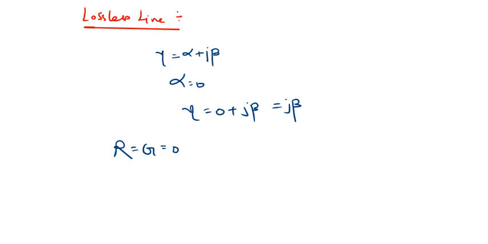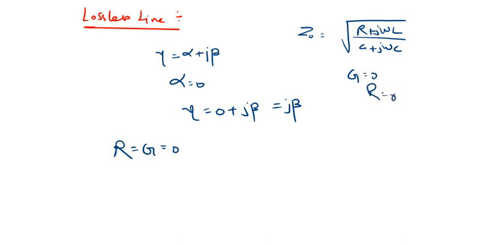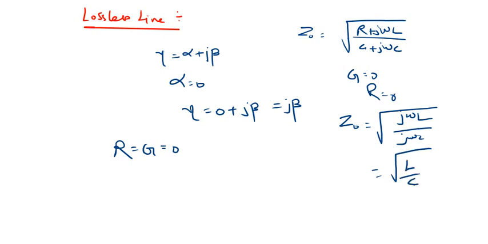So what will happen to Z0, which is under root R plus j omega L divided by G plus j omega C? If G is 0 and R is 0, then the characteristic impedance of the transmission line is simply under root j omega L divided by j omega C, which is under root L by C. So it is purely resistive.